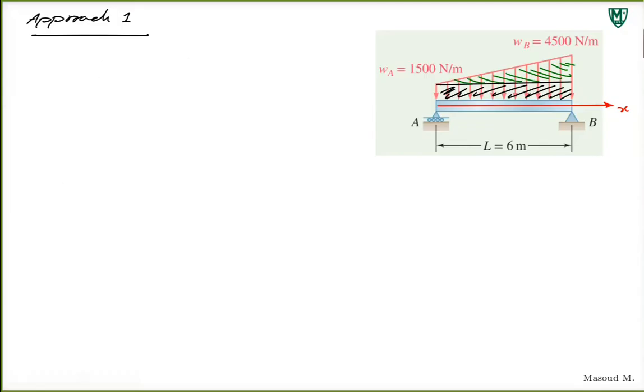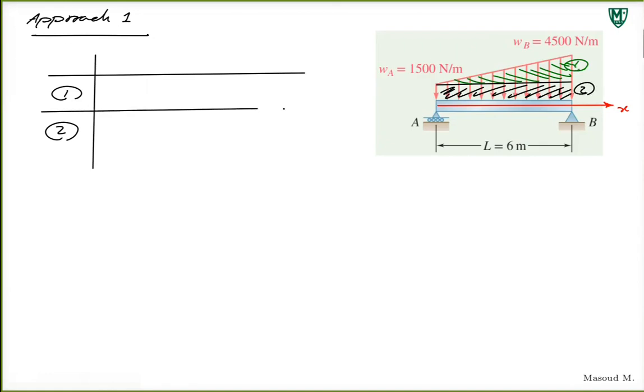So I'm going to form the same table that I used to form, but in this case, let's call this triangle segment one, and this rectangle segment two. So I'll put segment, area for that segment, x bar A.